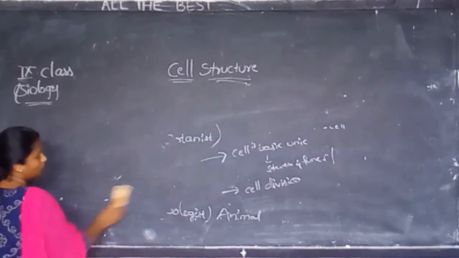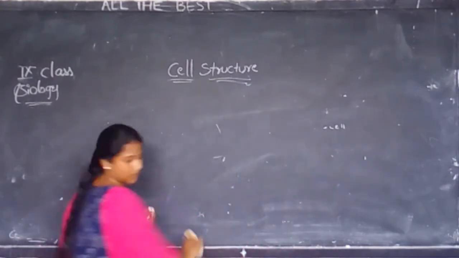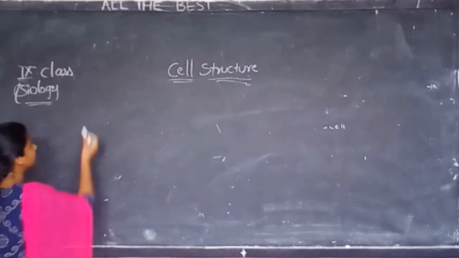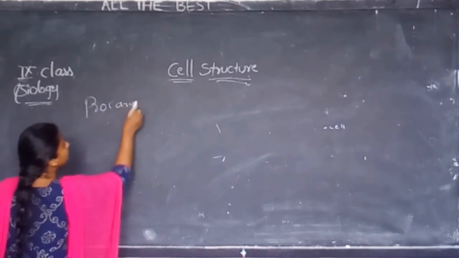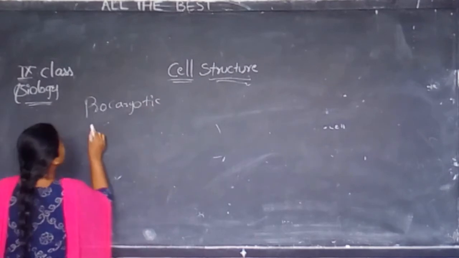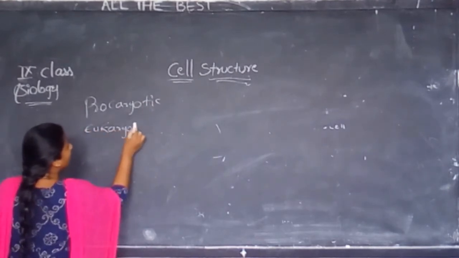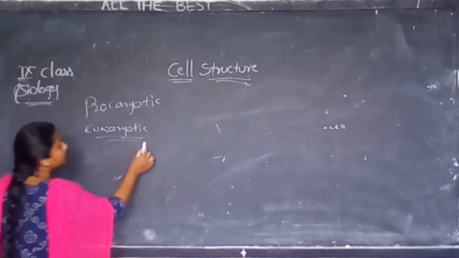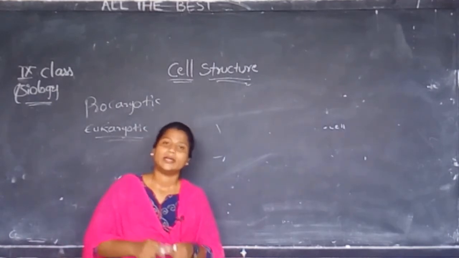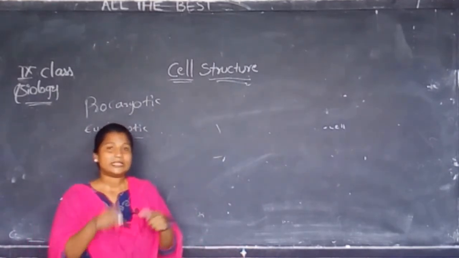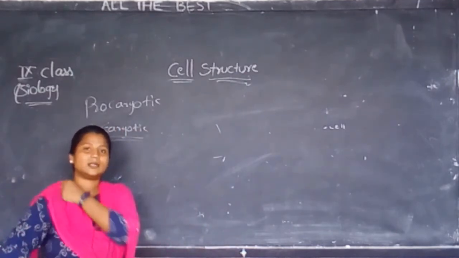Now we'll see what are prokaryotic and eukaryotic cells. When the bacterial cell was observed under the microscope, it was fundamentally different from uni- and multicellular organisms.